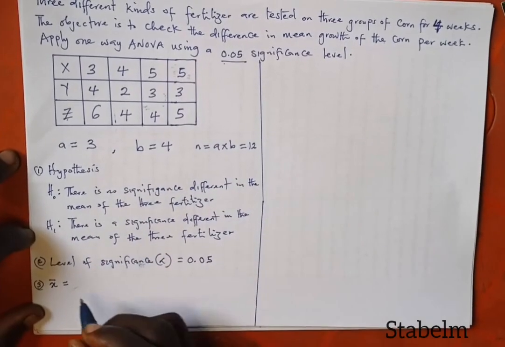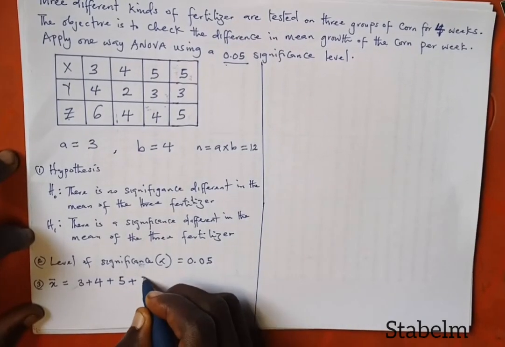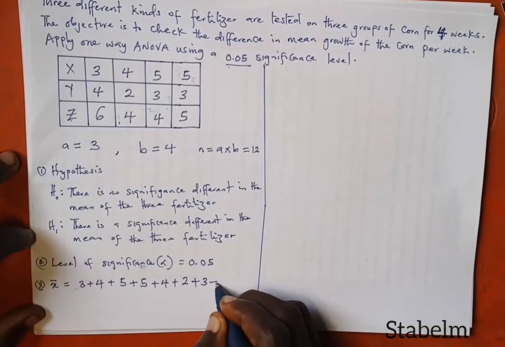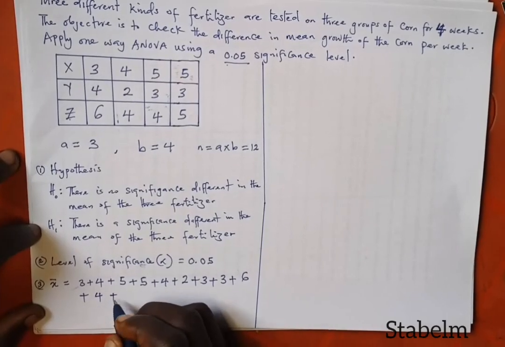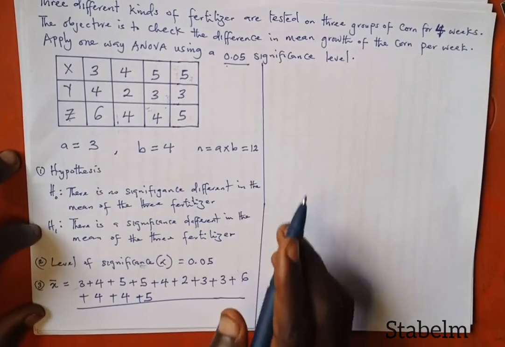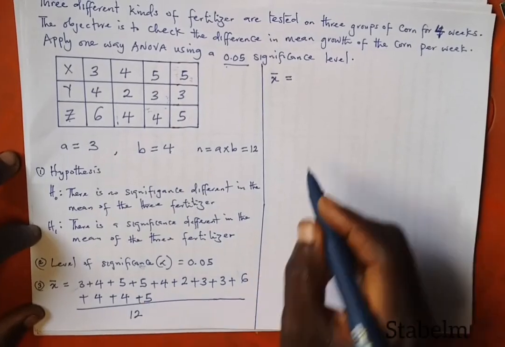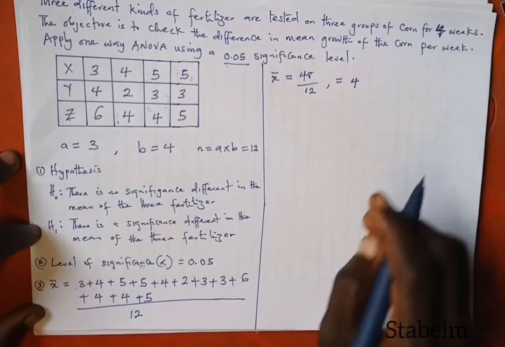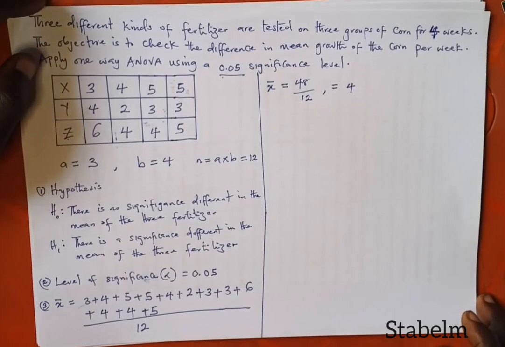So we are going to add everything together, starting from here. 3 plus 4 plus 5 plus 5 plus 4 plus 2 plus 3 plus 3 plus 6 plus 4 plus another 4 plus 5, all divided by our total number of observations, which is 12. If you add all of this together, we have 48 divided by 12, and 48 divided by 12 will give us 4. So it means the mean of all the observations is 4. So we have our x bar to be 4.